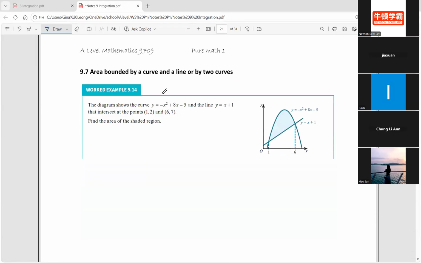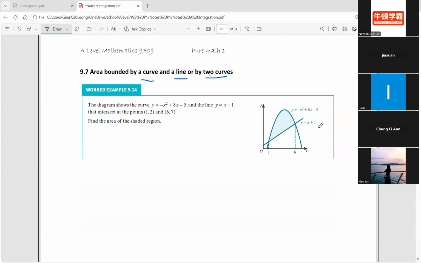Then we go to 9.7. 9.7 is the area bounded by the curve and the line, or two curves. How do we do it in a simple way? If you check your SPM or IGCSE, some teachers will say you can find the integration.